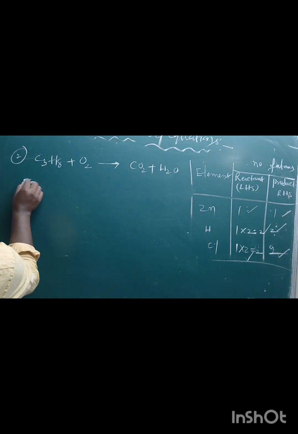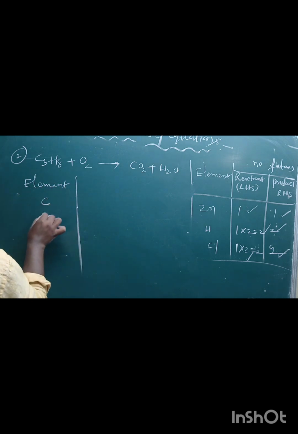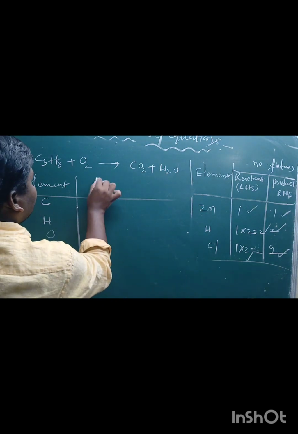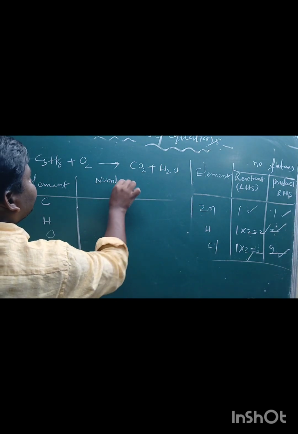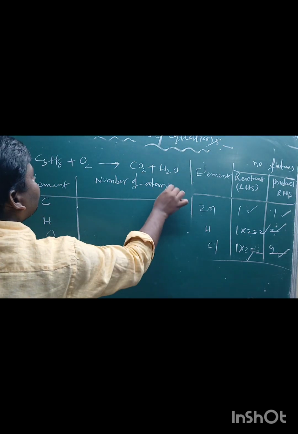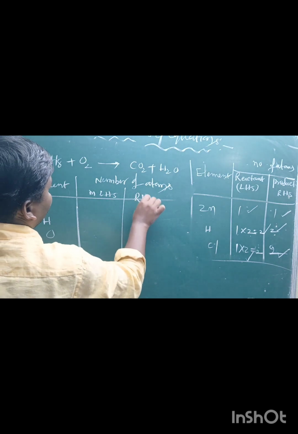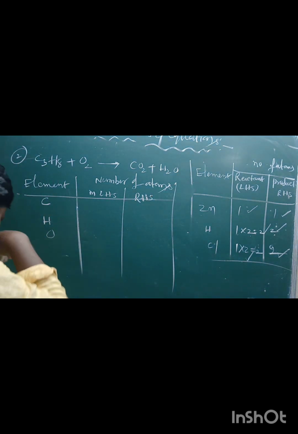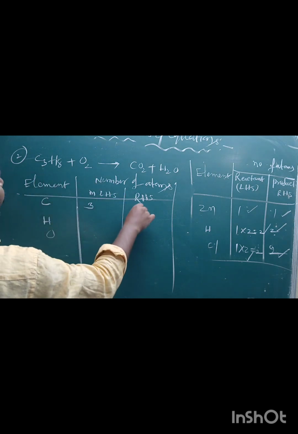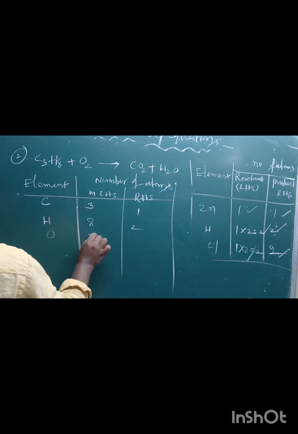First, identify the elements in the given equation. What are the elements here? Carbon, hydrogen, oxygen. Next, the number of atoms in LHS and RHS. Carbon: 3 atoms on the reactant side, 1 atom on the product side. Hydrogen: 8 atoms, 2 atoms.